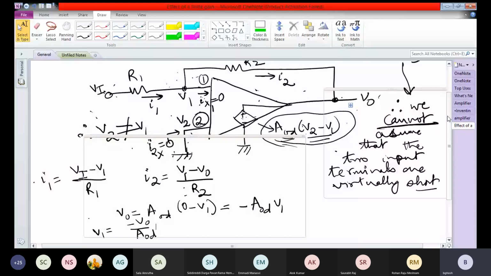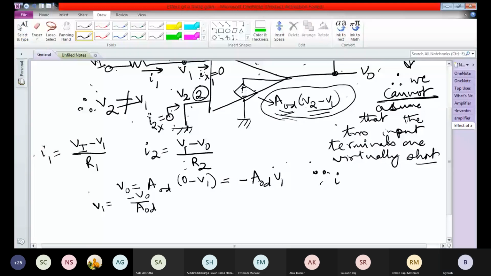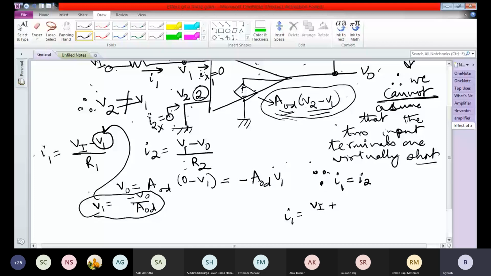Since I1 equal to I2, we write I1 as Vi plus, we substitute from V1 here, basically eliminating V1, nothing else, plus V0 by AOD, times 1 by R1, equal to I2, and we substitute from here also.